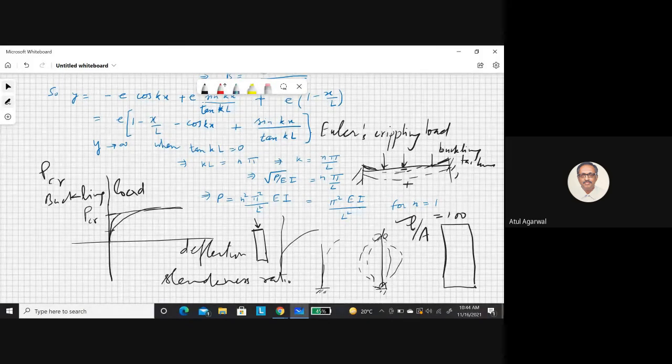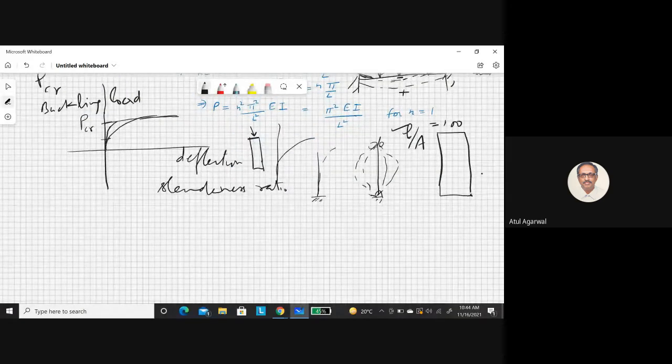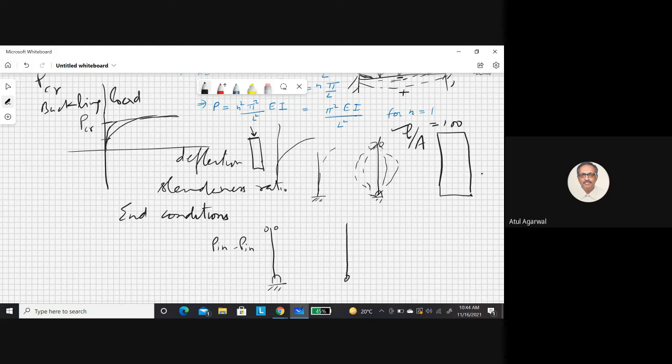Now buckling also depends on the way the end conditions are. You see, I had taken an end condition. So this is known as pin end condition. So what you could have done, something like this.